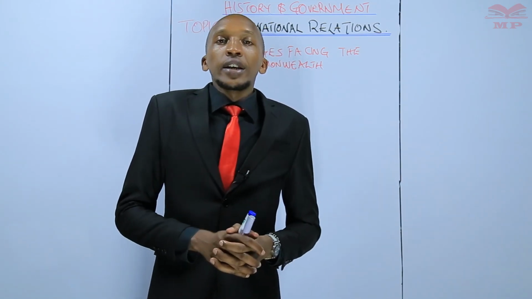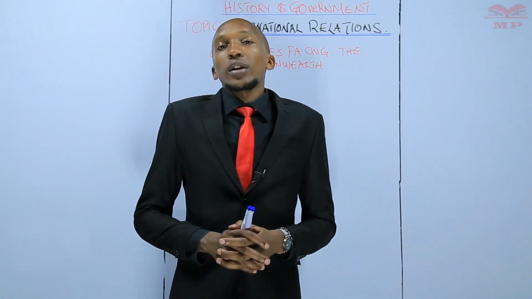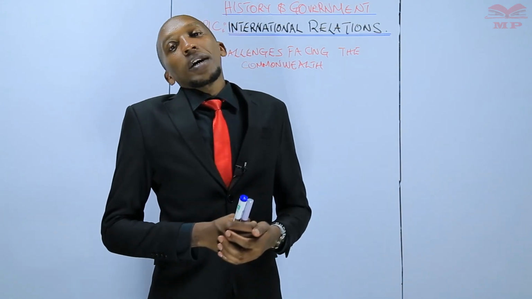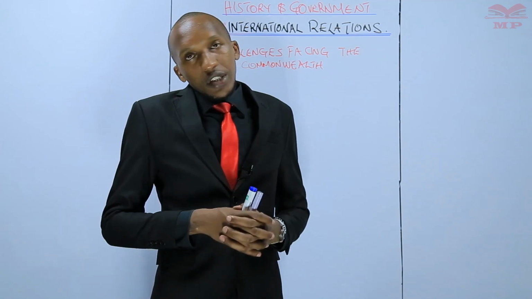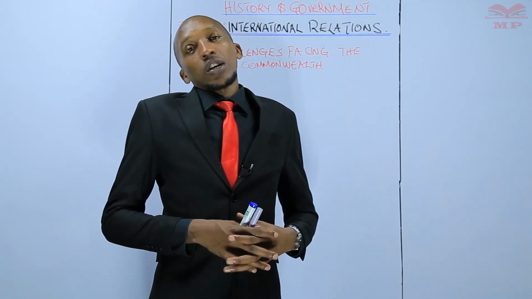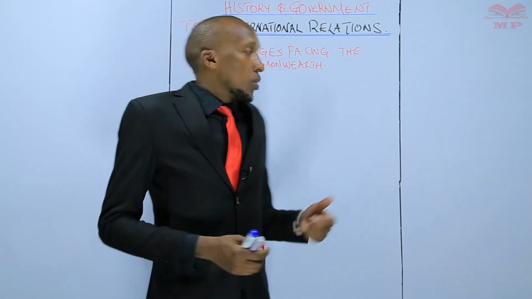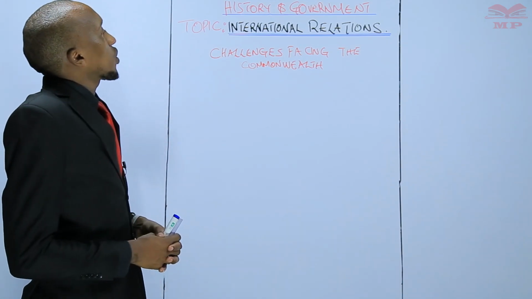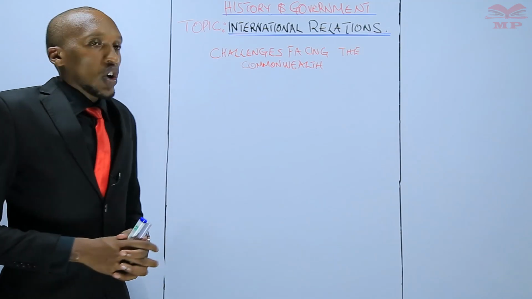And do not forget, the biggest reason why this organization was instituted is to make sure that it would make its impact by maintaining international peace and security immediately because of the results of the Second World War. So there was need to have international peace. So in our today's lesson, learner, we are going to learn about the challenges facing the Commonwealth.